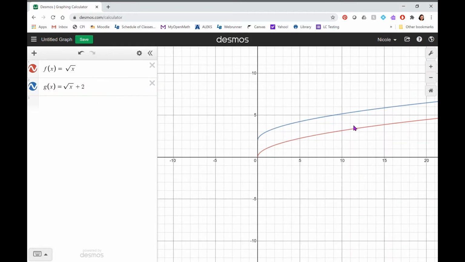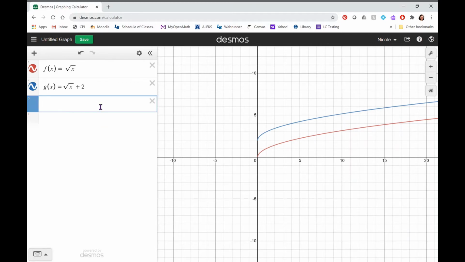The red is our original graph, root x, and the blue is g of x, square root of x plus 2. You can see that g of x is shifted 2 units higher at every single point than the red graph. This makes sense because we take x, compute its square root, that's the red function, and then we add 2 to it. So every single output value has a 2 added to it.